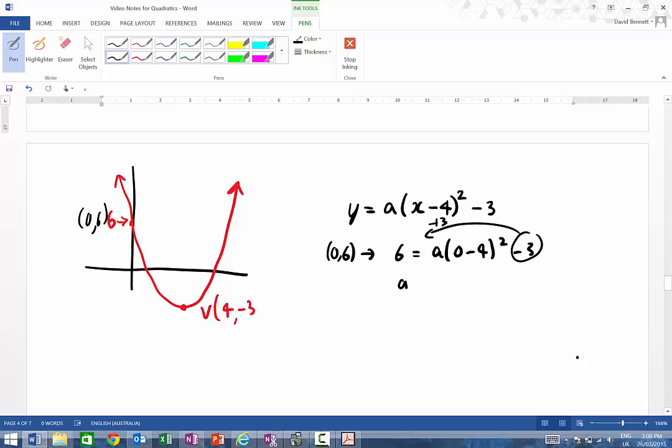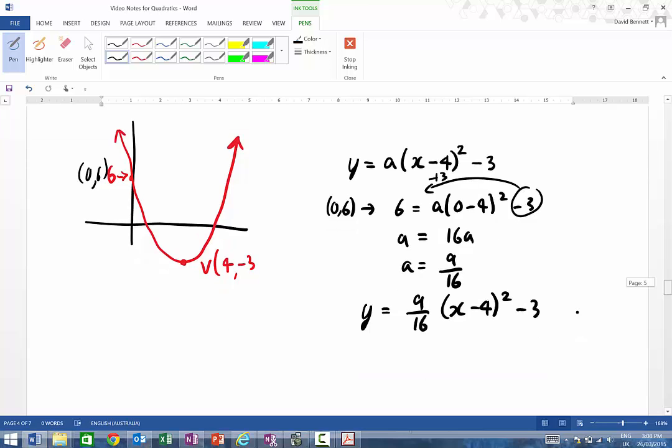Therefore 9 is equal to 16a, therefore a is equal to 9/16. So my equation will be y is equal to 9/16 (x - 4) squared - 3.